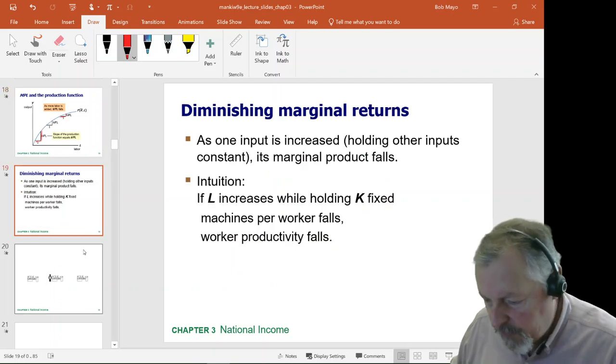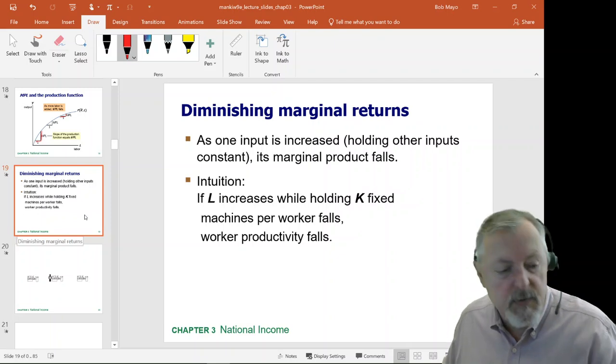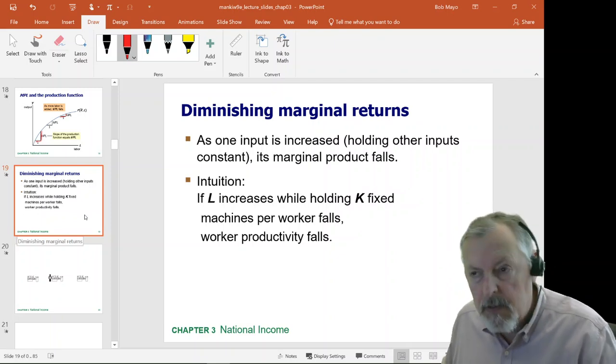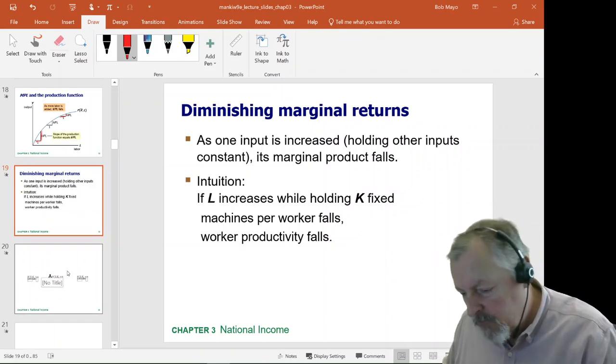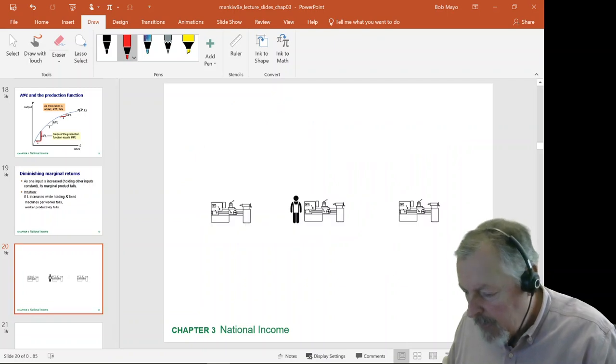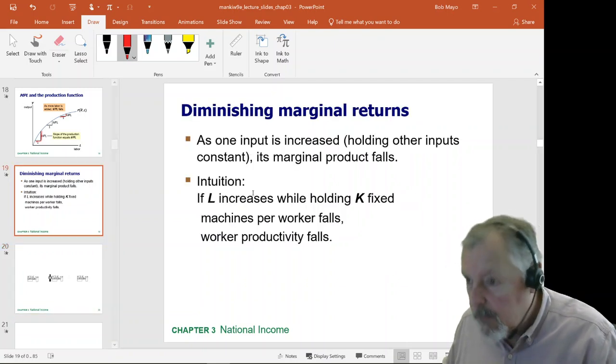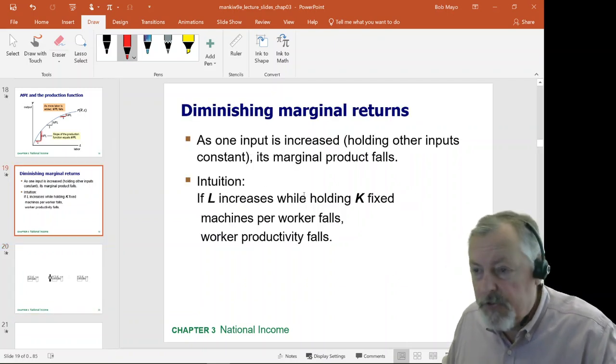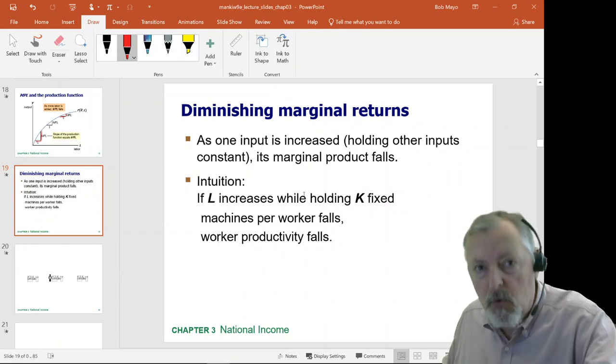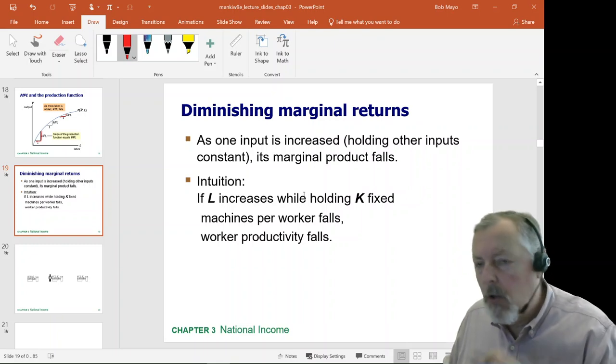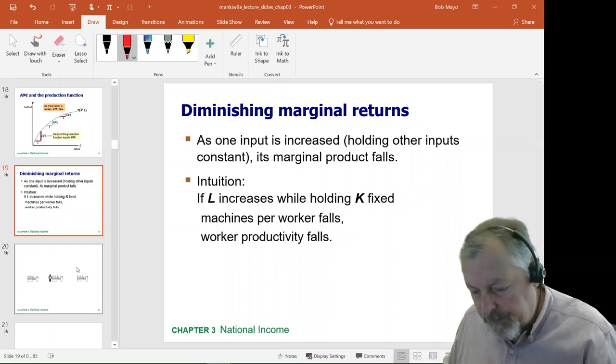Just in case you were curious about why there is a declining marginal product of labor and of capital, here's an example. Let's assume that we're going to change labor and add more and more labor while holding the level of capital fixed.